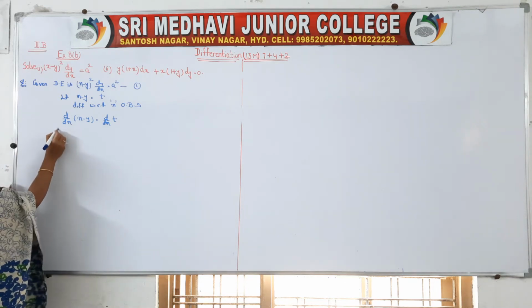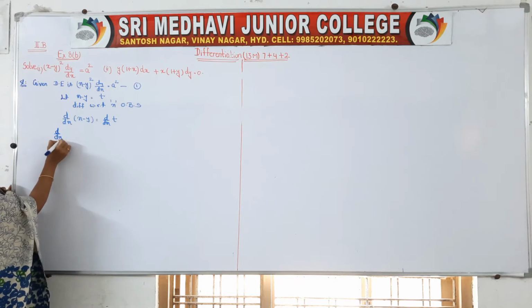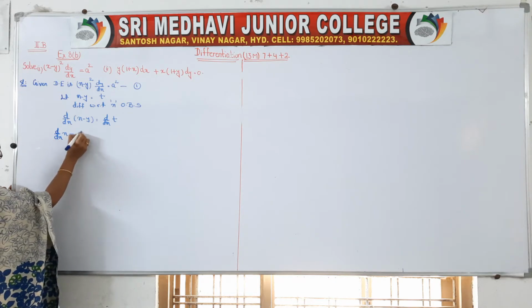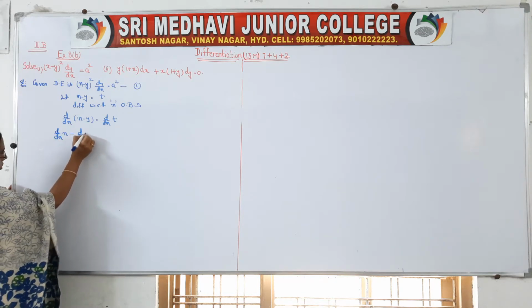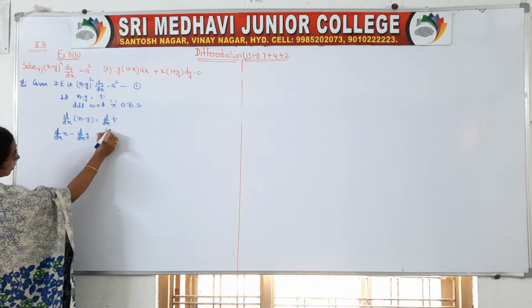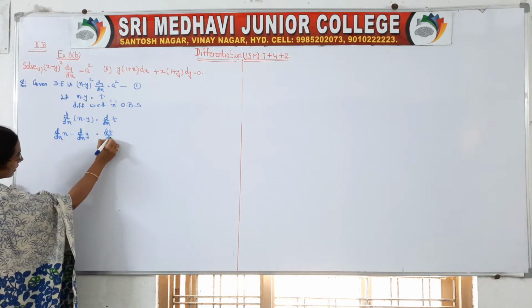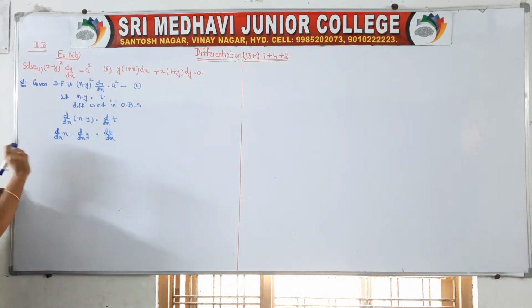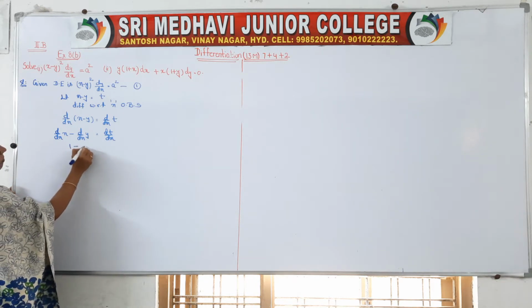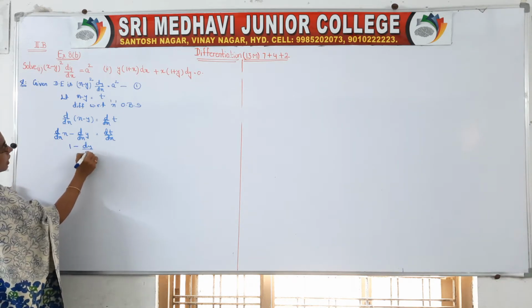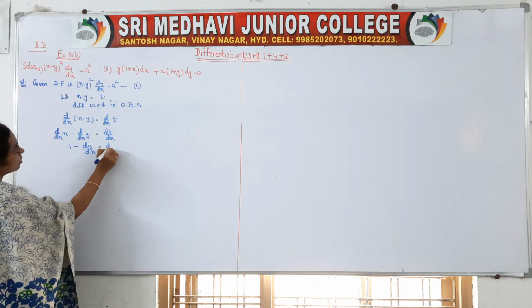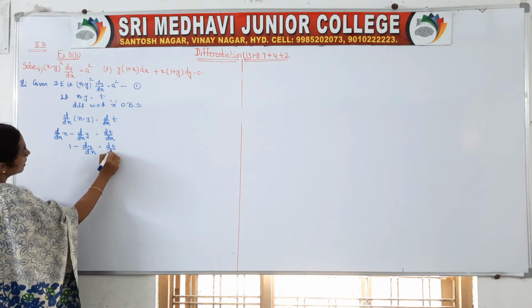So it is d by dx of x minus d by dx of y is equal to dt by dx. d by dx of x is 1. So 1 minus dy by dx is equal to dt by dx.